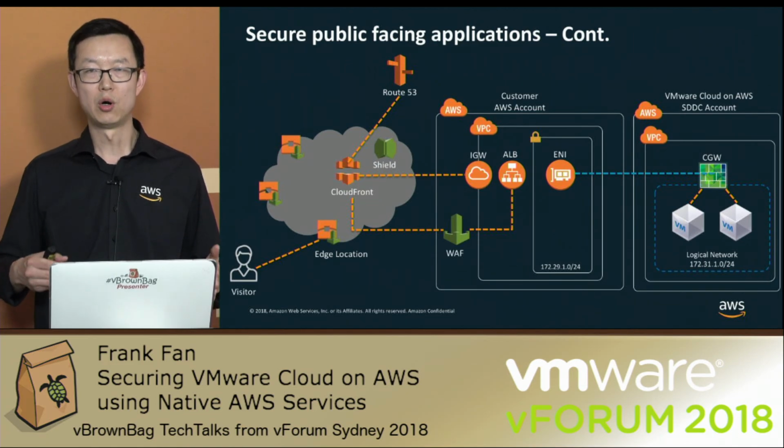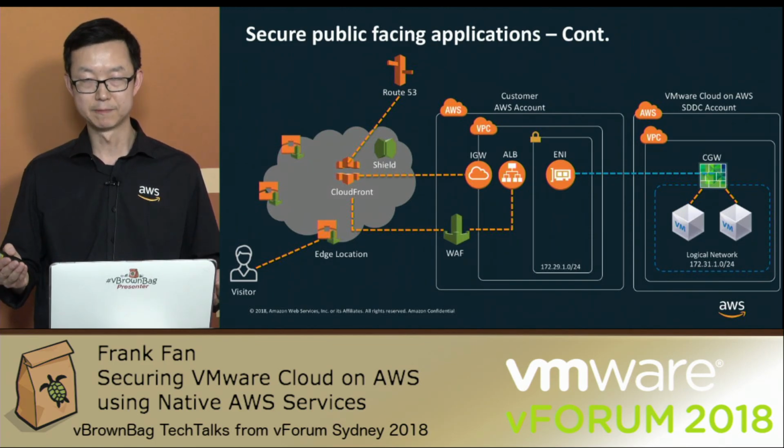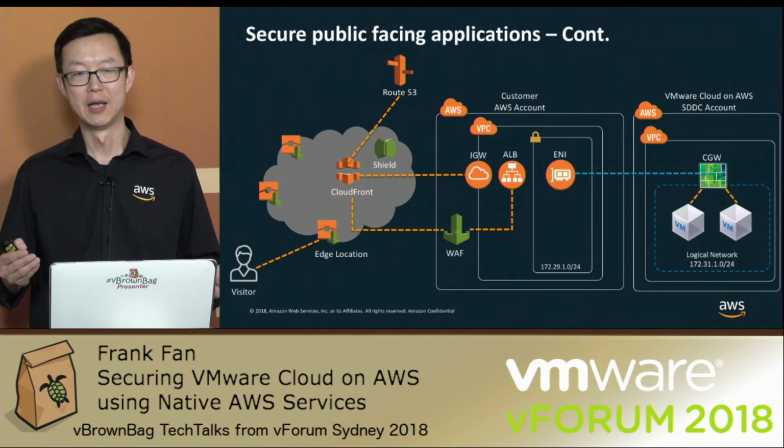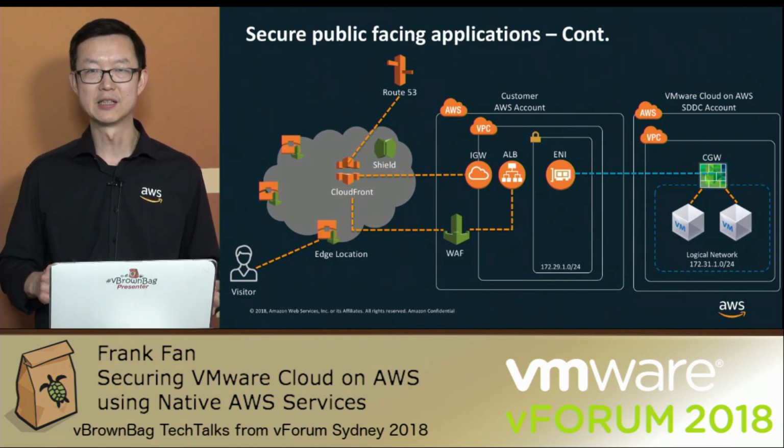CloudFront will validate the traffic before it's sent back to the backend resources. Shield will provide real-time monitoring and remediation for DDoS attacks. And Route 53 has a built-in feature to prevent DNS type of attacks.